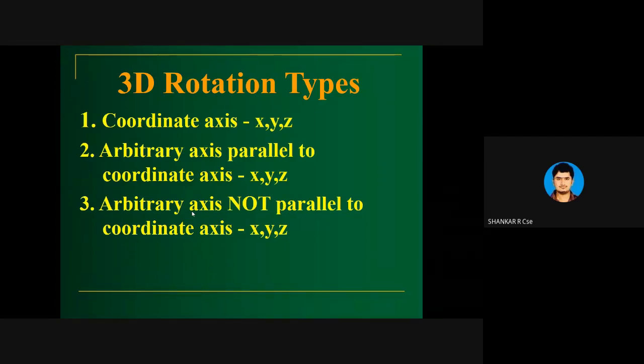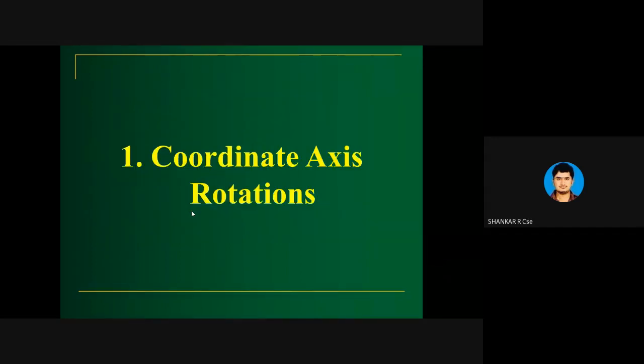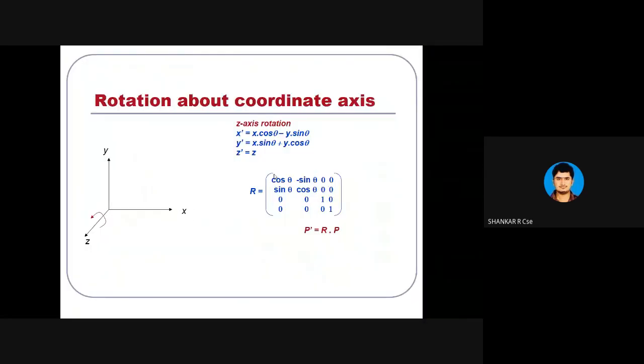All right. So first we will see the coordinate axis. Similar to the 2D rotation, just add a new row. So if you want to rotate any object via z-axis, coordinate axis means, understand, it is x, y, z. If you want to rotate an object via z-axis, this is the matrix we saw in 2D.